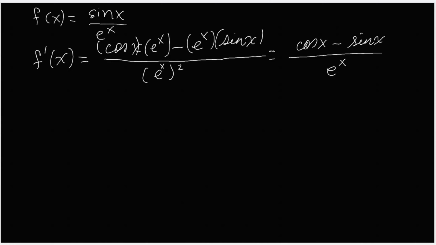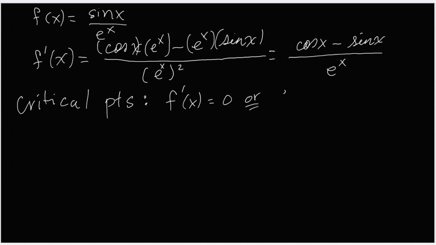Critical points are when the derivative is 0 or when the derivative is undefined. e to the x in this case is always positive, as we have said before when looking at the domain.